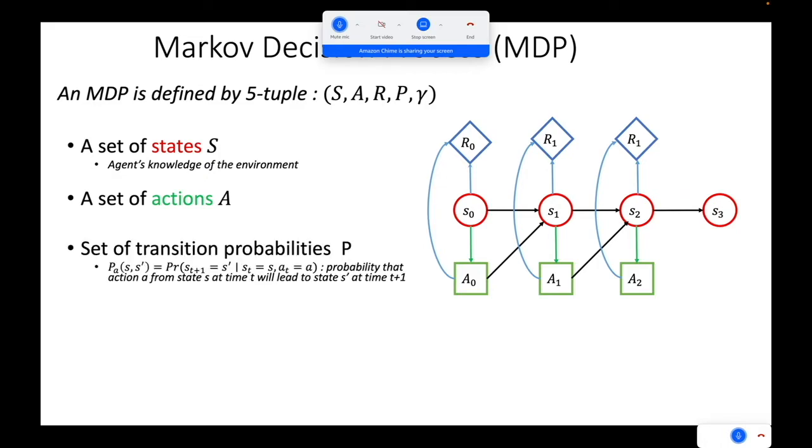Then you have a set of transition probabilities that says, given the current state and the fact that the agent took an action A from this state, what is the probability that the system will end up in a state S prime, right? So if you look at this example, this MDP has unrolled into four different time steps.